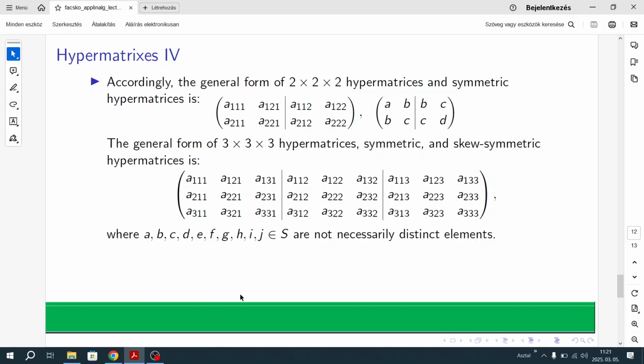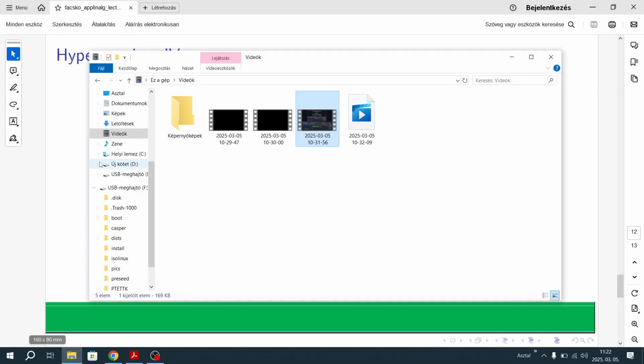For 3 times 3 hypermatrices, this is the general form. Uh-oh. Something is bad. Very bad.